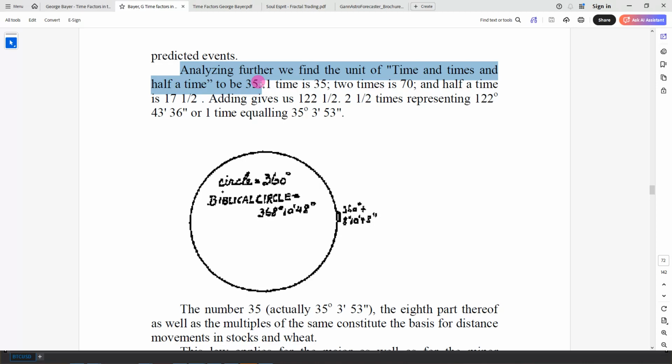He's showing us three octaves involving the base unit of 35, the octave above and the octave below. So the octave below is 17 and a half, doubling that gives you 35, doubling again gives you the key biblical number of 70.